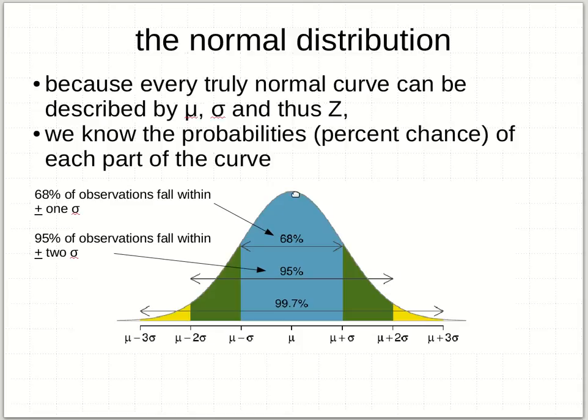So again, if this is, for example, heights of people, there's going to be an average height if we measured all the people out there, and we're going to find this beautiful, nice, smooth distribution. And the probabilities of finding somebody who's very short are quite low. The probabilities of finding somebody very, very tall are also quite low. Most people are going to be somewhere in this middle pack.